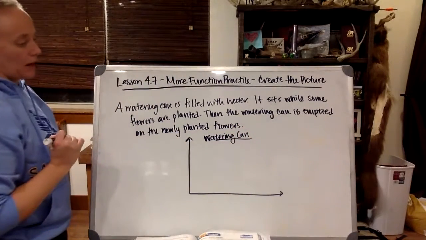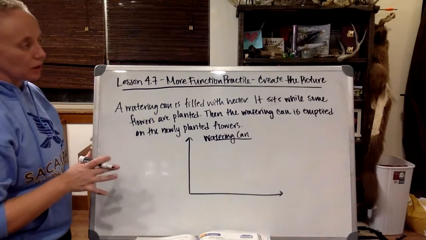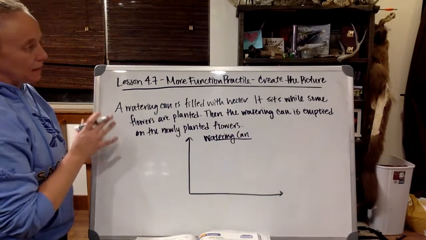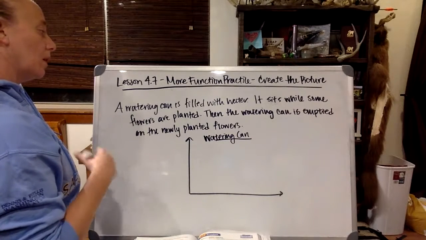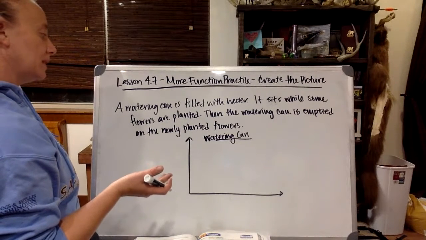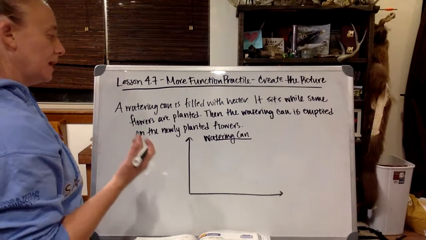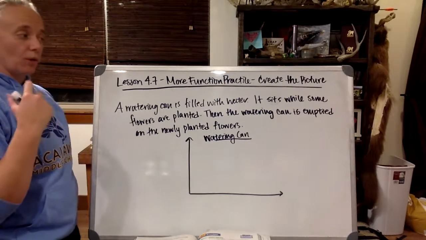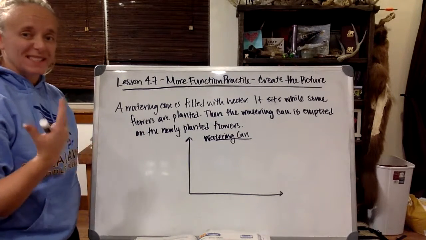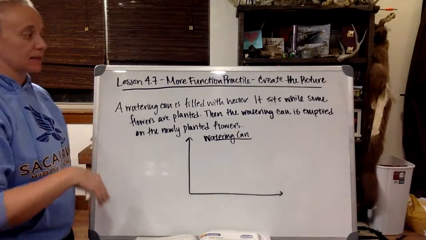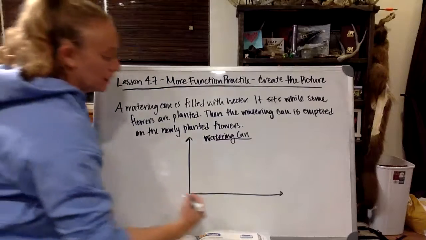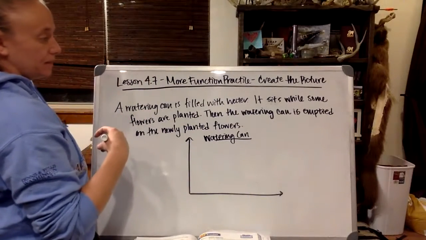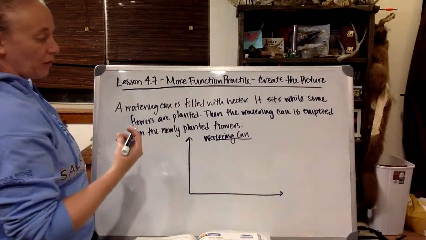In terms of independent versus dependent variable, a watering can is filled with water, flowers are planted, and it sits, and then it's emptied. It sounds like I'm showing water versus time. So time that it takes to fill with water, it sits, and then it gets dumped out. So time versus amount of water.